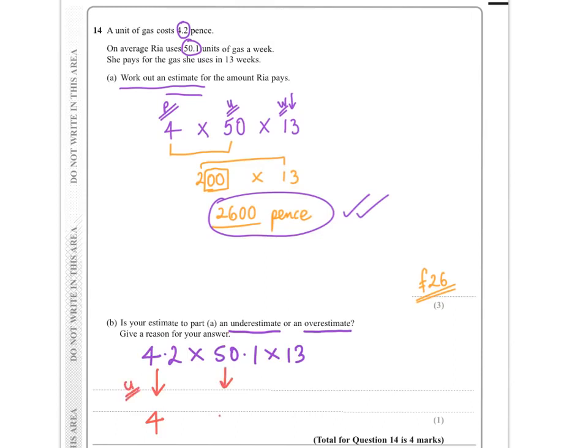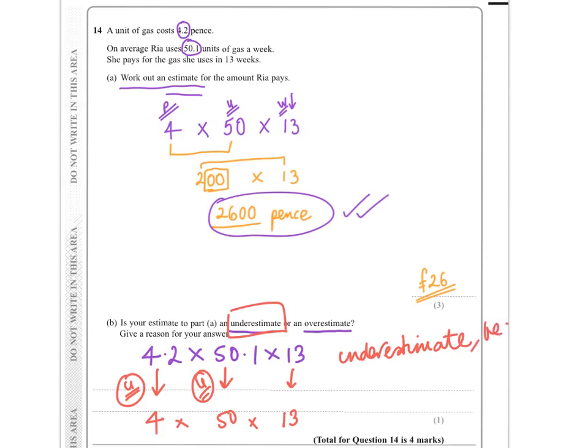We underestimated this. And we left this one the same. So if we had underestimated these two, then surely our answer would have been an underestimate. And you would say, because we rounded down twice.